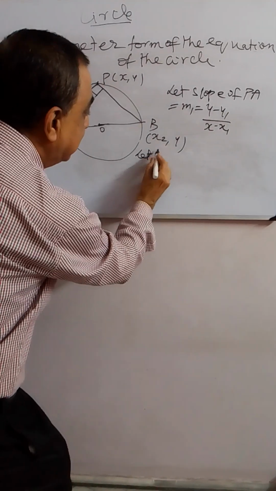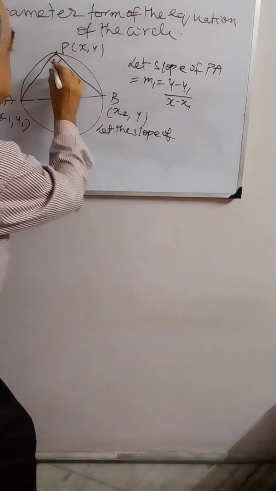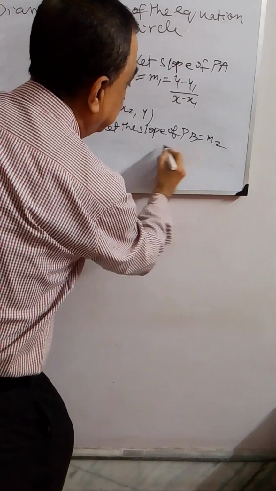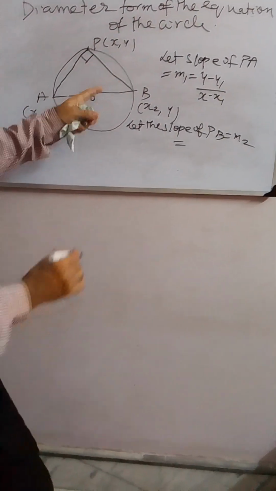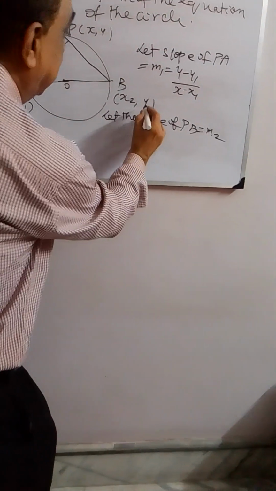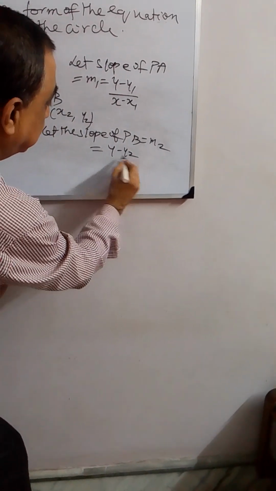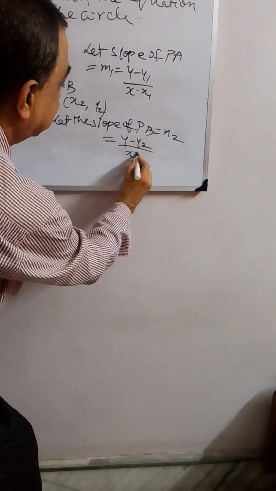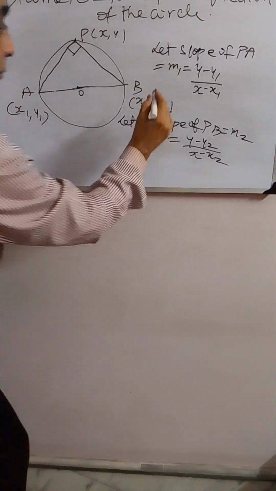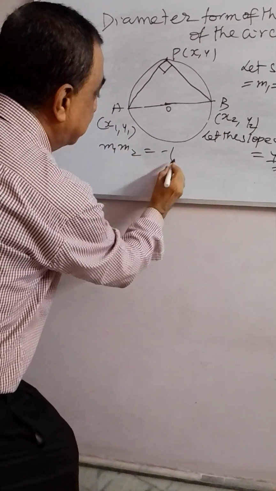And let the slope of PB be m2. What will be the slope of PB? It will be the difference of the y coordinates divided by the difference of the x coordinates. And here it is (x2, y2). So this will be y minus y2 divided by x minus x2. Okay, now m1 into m2 will be minus 1.